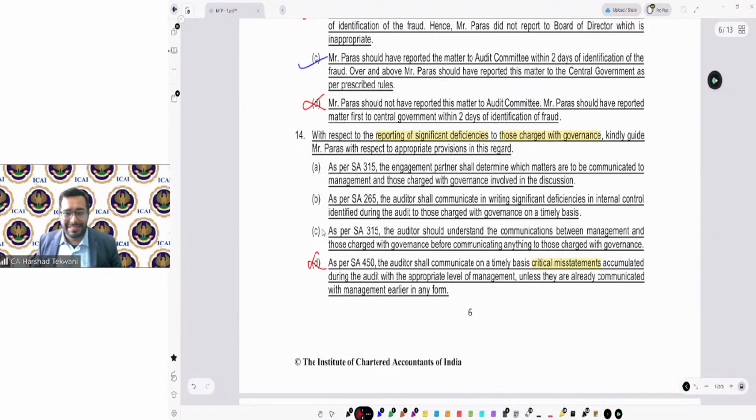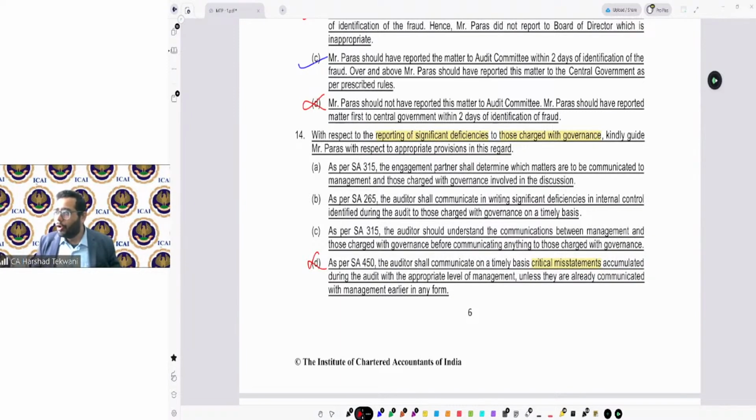Now, the next one, option C: auditors should understand communications between management and those charged with governance before communicating anything to those charged with governance. Could be, I don't know. Again, SA 265 and 315. But if you remember even the title of the standard, by default you can identify that 315 is with respect to understanding the business, the auditor's responsibility with respect to understanding the entity and its control environment.